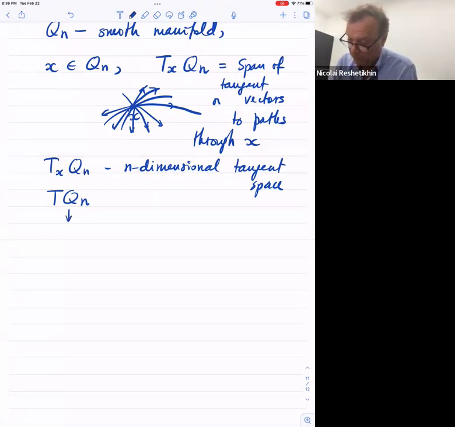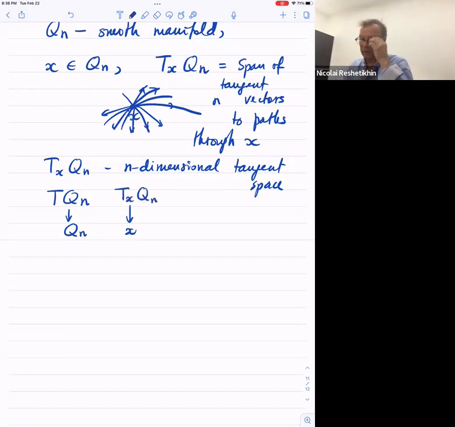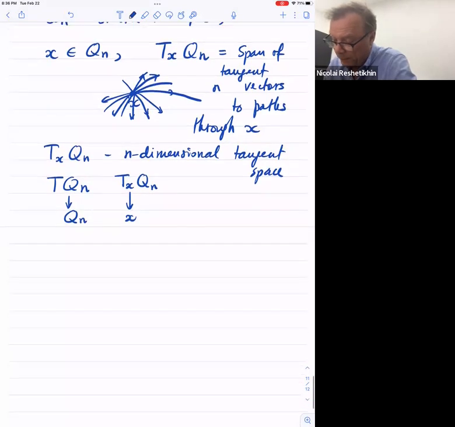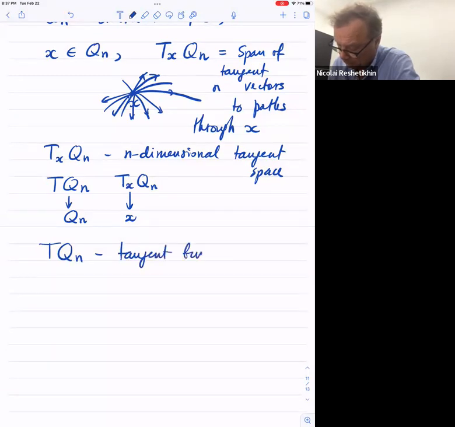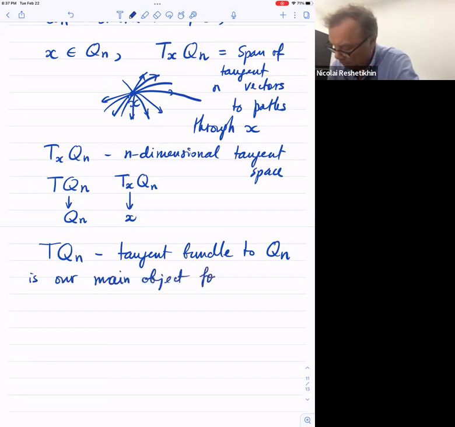The tangent bundle is a projection from the collection of tangent spaces to Q, such that over a point x you have the vector space, the tangent space at the point x to Q. So this TQ, the tangent bundle to Q, is our main object for now.